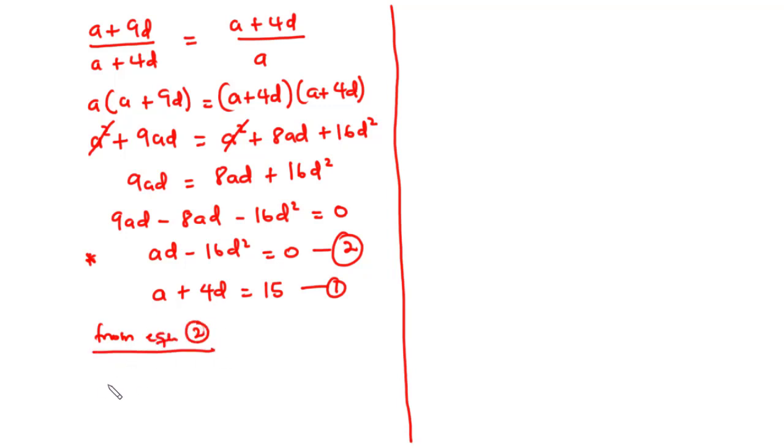So from equation 2, ad is equal to 16d squared. We divide through by d, and then we have a to be equal to 16d. Let's call this equation 3.